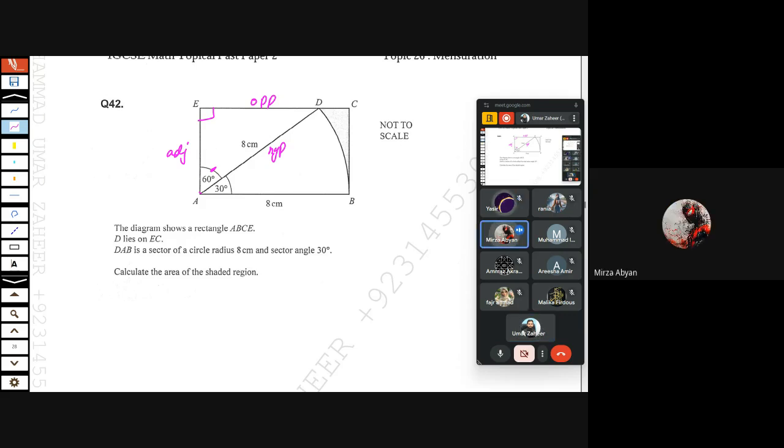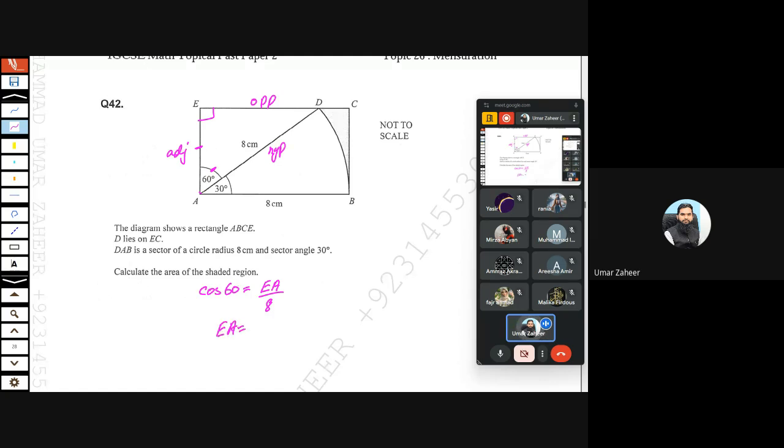Yes, sir. So we need to find this length, which means we need to find the adjacent, and the hypotenuse is given. Which trigonometric ratio is suitable here? Sir, cos. We have to use cos of 60 is equal to adjacent divided by hypotenuse. Adjacent is EA divided by hypotenuse, which is 8.